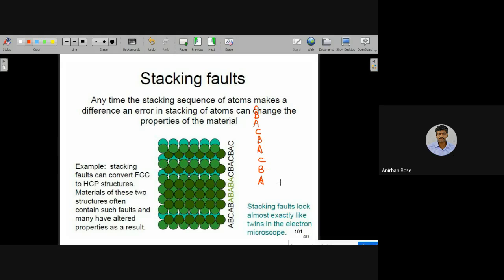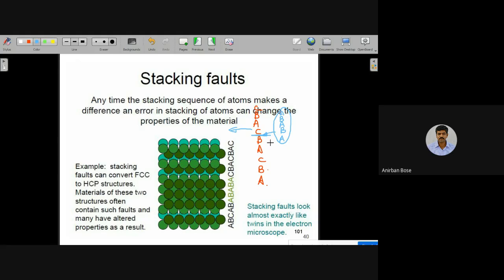Now, suddenly, suppose in this region, something like A, B, A. Let us consider these few layers suddenly entered in this region, or some layers get out of this particular stacking.